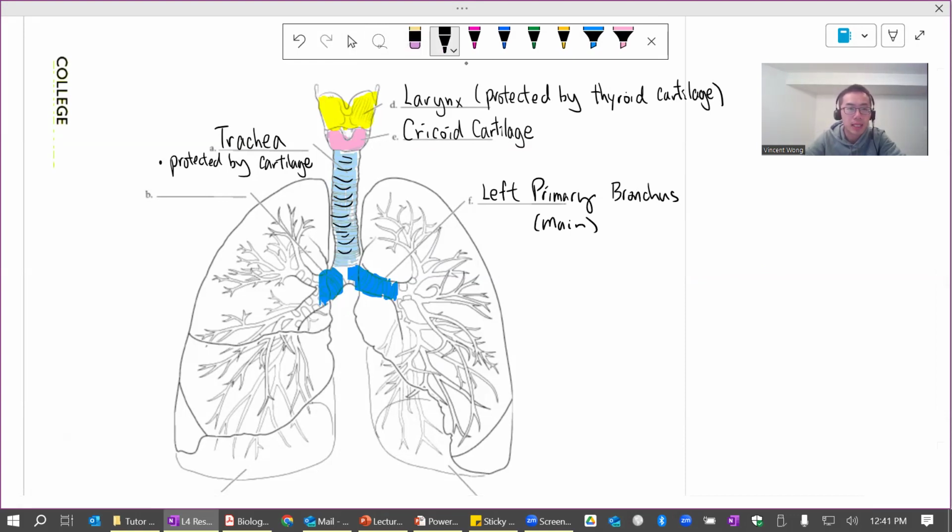Whereas on the other side, we have the right primary bronchus. Also, you can call it main bronchus. The plural for bronchus is bronchi.